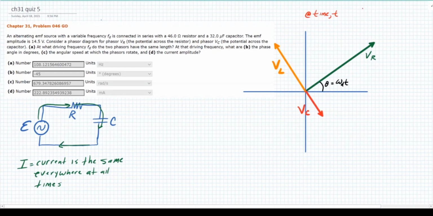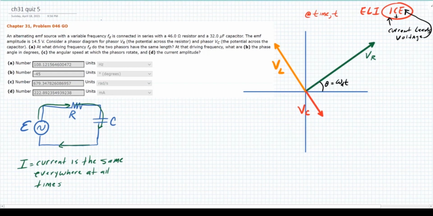Eli the Iceman says, looking at ICE: for a capacitor, current leads voltage across the capacitor. Voltage is signified with the letter E. Current leads voltage for a capacitor.